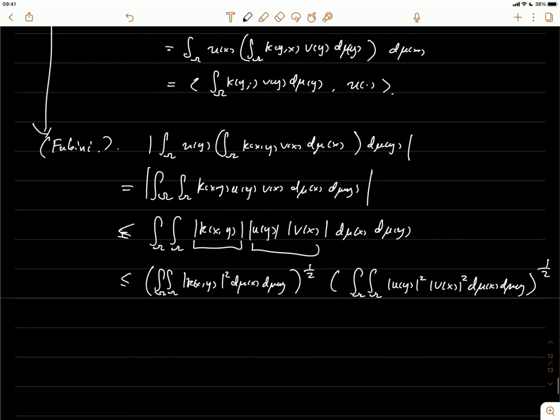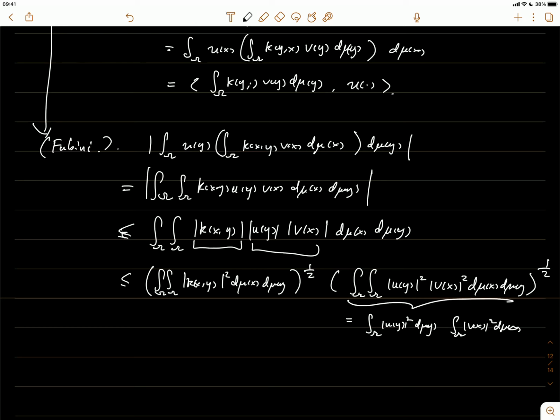But remember on the right hand side, the second term right here, the u and v are separated. So you can do this for the dy and this for the dx. So this thing here is actually equal to the integral of u(y) squared dμ(y) and the integral of v(x) squared dμ(x).